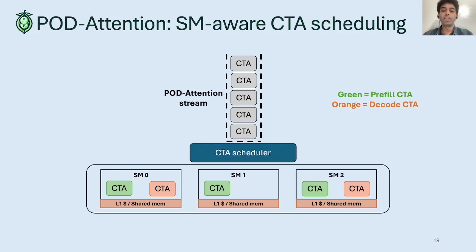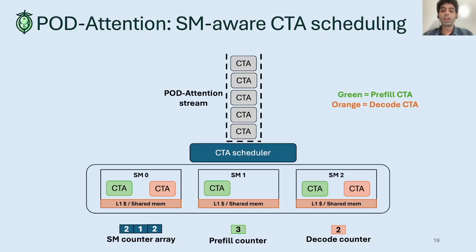Inside the kernel, we maintain three global variables shared by all the CTAs, namely the SM counter array, the prefill counter, and the decode counter. The SM counter array keeps track of how many CTAs have launched on each SM so far. In the figure, we see that the counter array has 2, 1, and 2, which means 2 CTAs have run on SM0, 1 on SM1, and 2 on SM2.